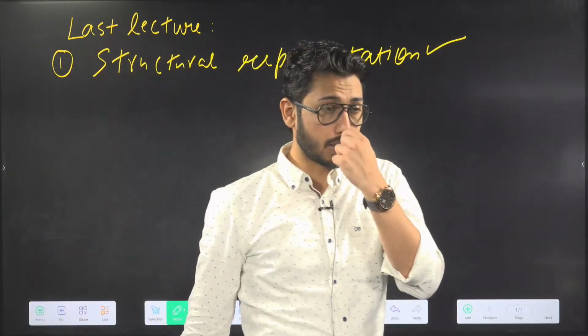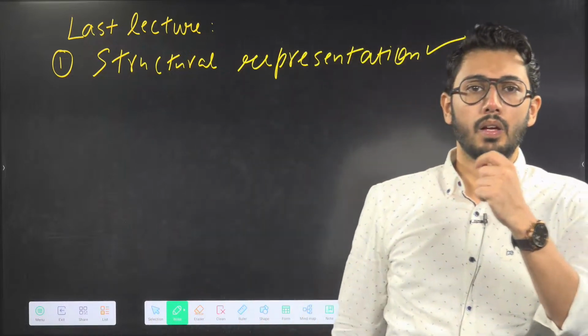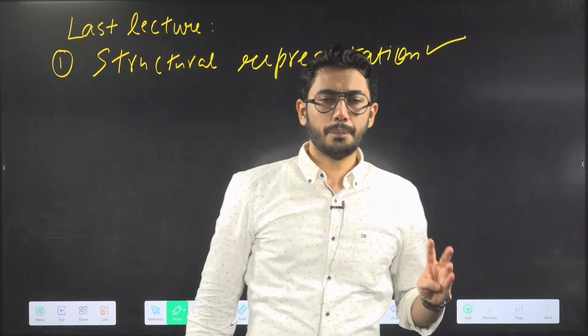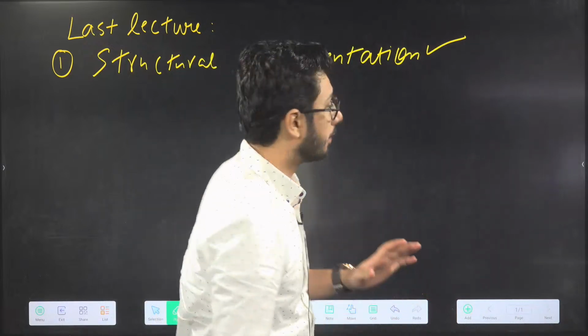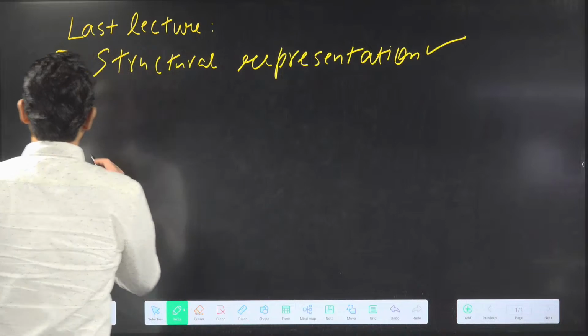This we discussed last lecture: condensed form, expanded form, and the bond line notation. These were completed.